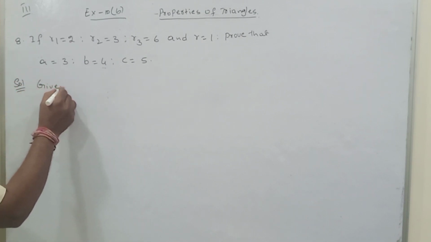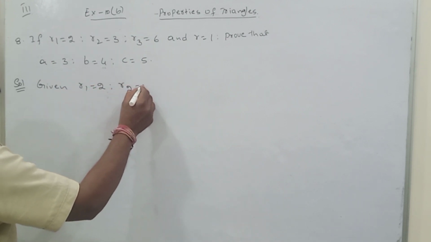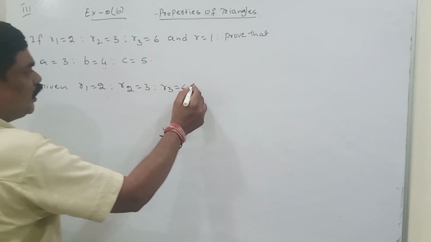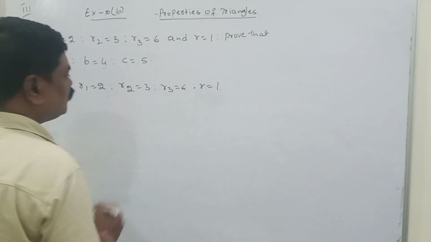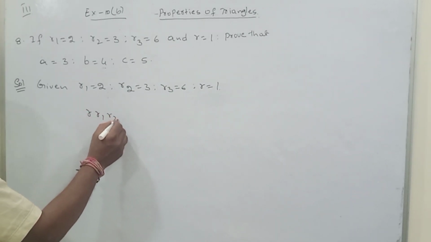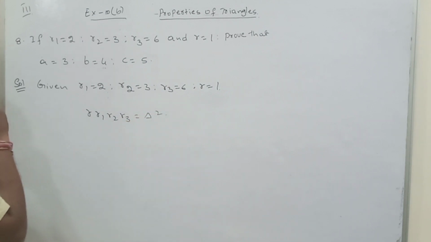Then we have given, what given here? R1 is equal to 2, R2 is equal to 3, R3 is equal to 6 and R is equal to 1. We know the formula R1 R2 R3 is equal to delta square.